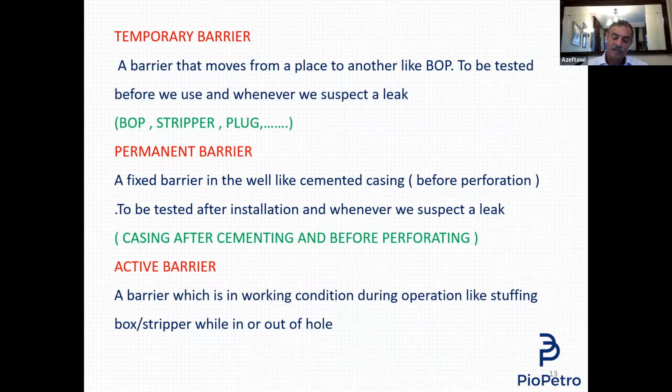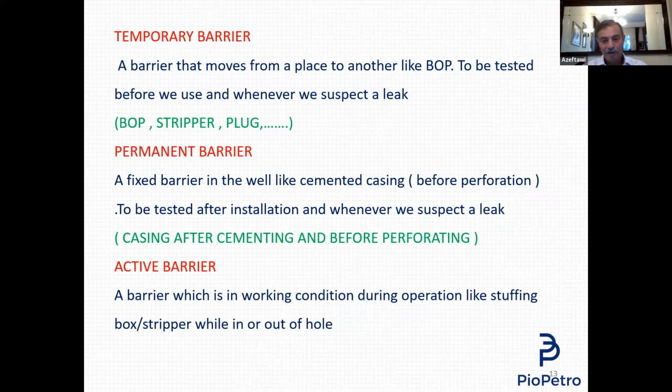And there is a difference in how we pressure test this and how we pressure test that. Both of them go with the same concept: if a temporary barrier or permanent barrier, you suspect it leaks, please test it. So you can test it every 1 hour if you like. But the main difference is the temporary barrier, you test it before you use.